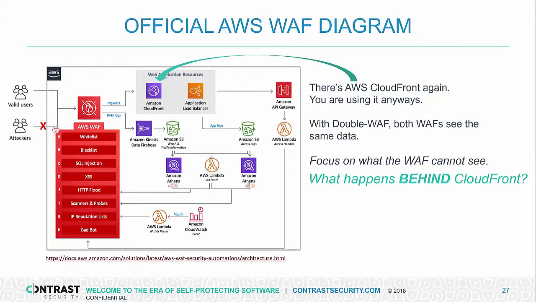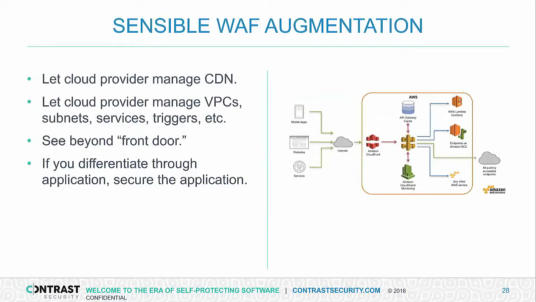Now, a sensible WAF augmentation would be just letting the cloud provider manage the CDN, which takes place in CloudFront anyways, which is why AWS puts their WAF there. So in this case, I would let the cloud provider manage all of the network diagrams that were from that complicated diagram earlier. So let them handle the VPCs, the virtual private clouds.